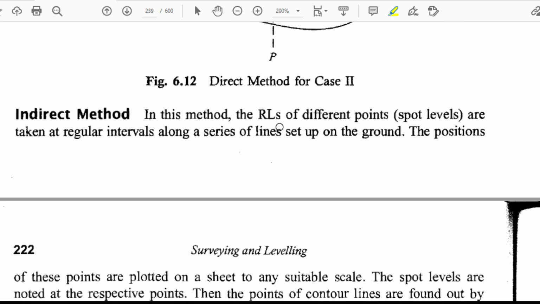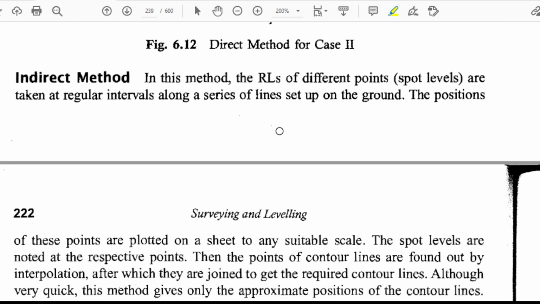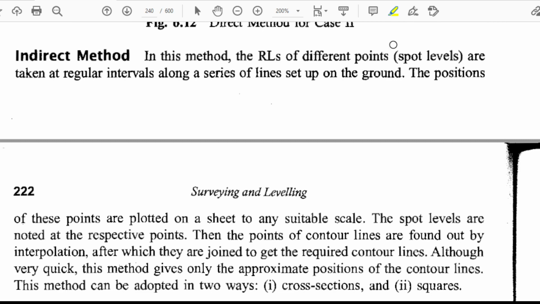Now the indirect method. In this method, the RLs of different points, which are called spot levels, are taken at regular intervals along a series of lines set up on the ground. The positions of these points are plotted on a sheet to any suitable scale.